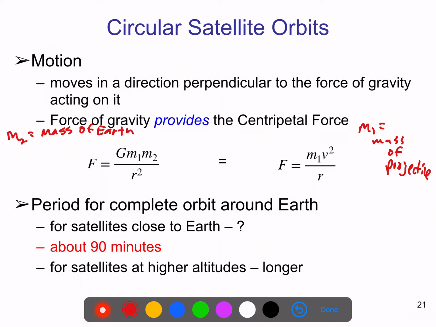I notice, first of all, that the mass of the projectile actually cancels out in this calculation if I equate these two things to one another. And a power of r cancels out as well.